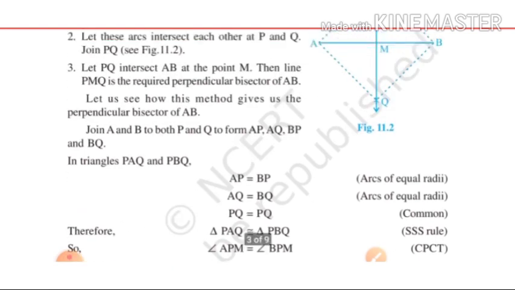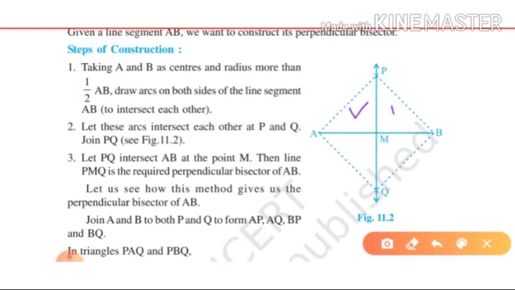Then again we take this triangle and this triangle, where these two sides are equal, this is the common side, and this angle we have already got. So by SAS, this triangle is equal to this triangle.